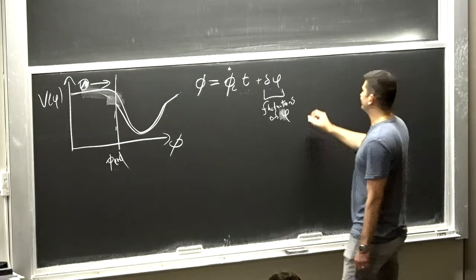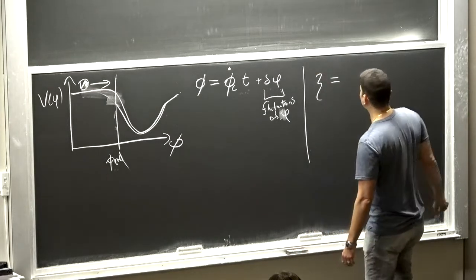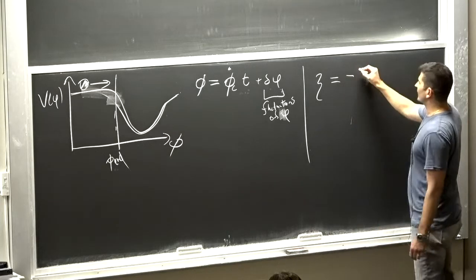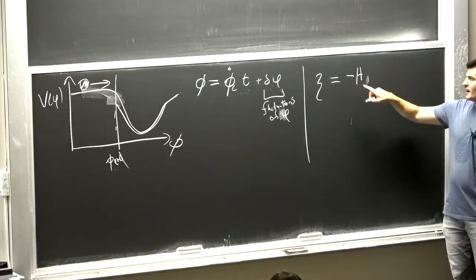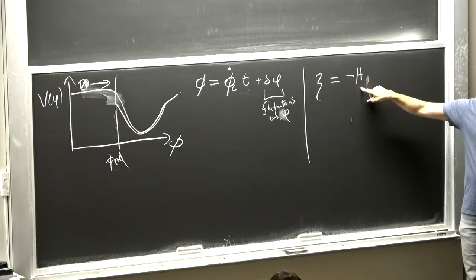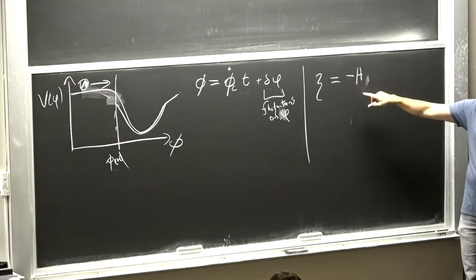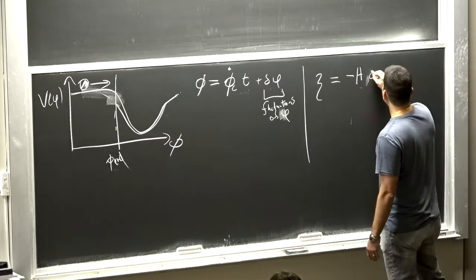So concretely, we can write this zeta variable as being related to the change to the amount of expansion. So there's an H in front of it because there's a relationship between the expansion of the universe and the error in time. So that's this. And then I need a delta t.